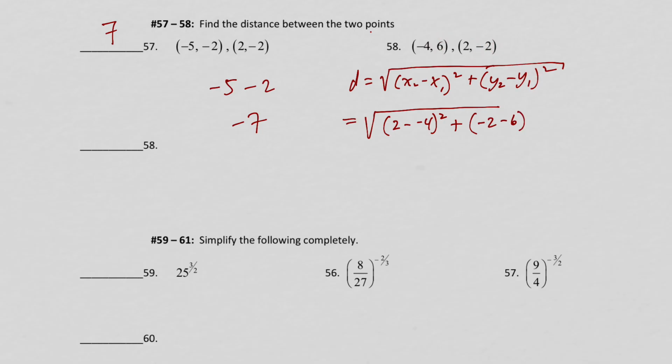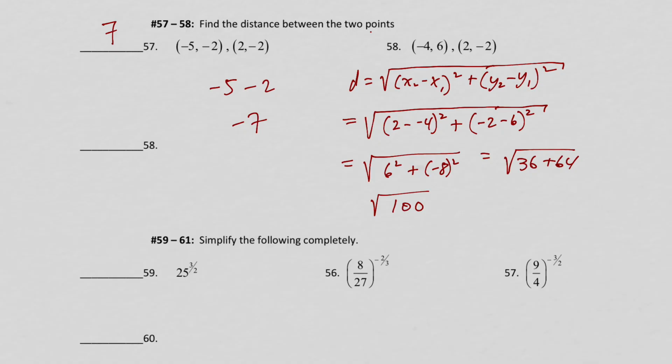Negative 2 minus 6 squared. Well, this 2 becomes a 2 plus 4, which is 6 squared. And this is a negative 8 squared. So this is the square root of 36 plus 64, which is the square root of 100, which is 10.